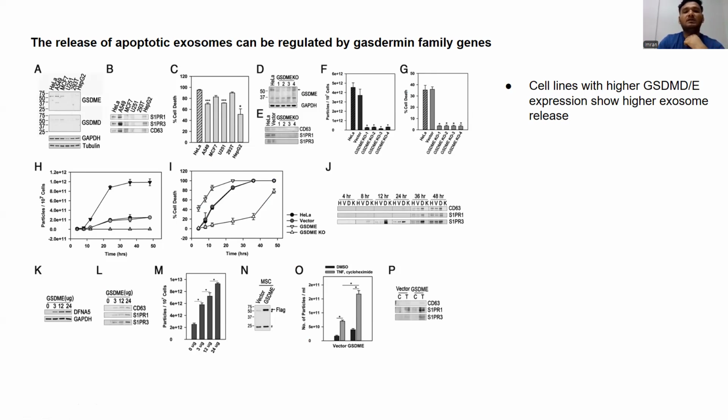When a similar experiment was performed with gasdermin E knockout cell lines, the release of exosomes was almost blocked. It was totally opposite for the gasdermin E overexpressing cells, where exosome release and cell death were highest compared to the control or the knockout cells.